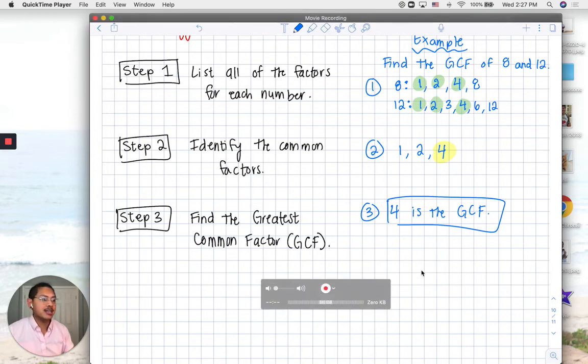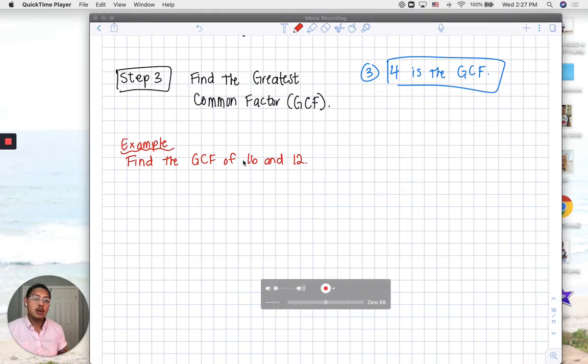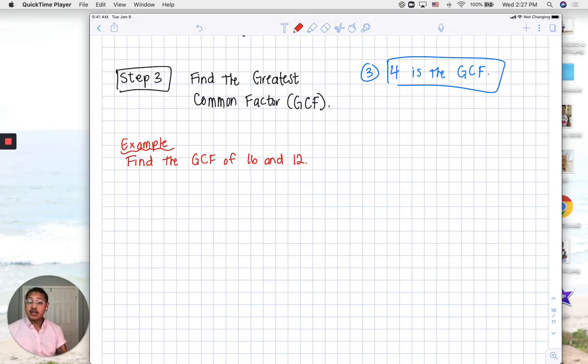Let's try another example, folks. Here's example number 2. Find the greatest common factor of 16 and 12. So again, 3-step process. Step 1, list all of the factors for each number. So I need to list the factors for 16.